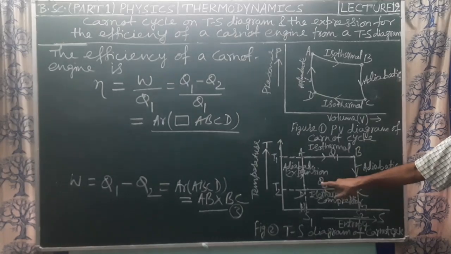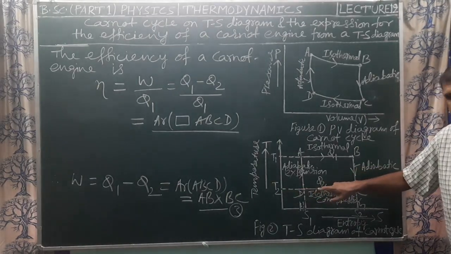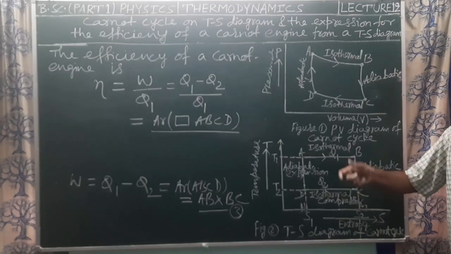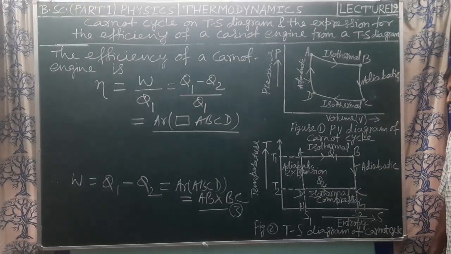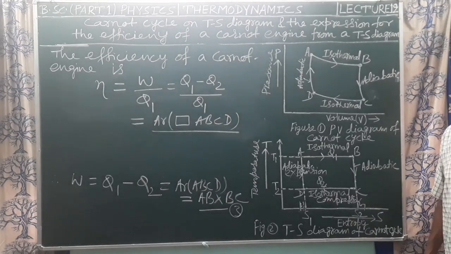We have used Q2 is equal to T2 multiplied by S2 minus S1, using the relation dq is equal to T multiplied by ds.